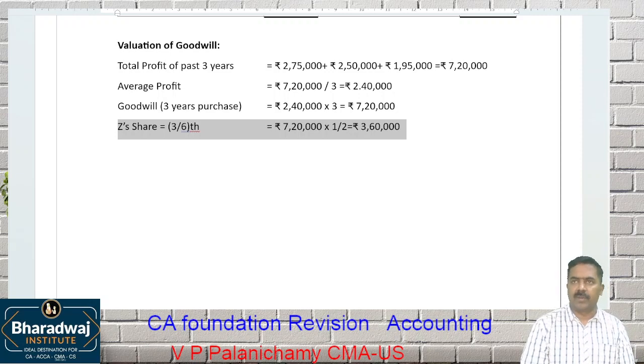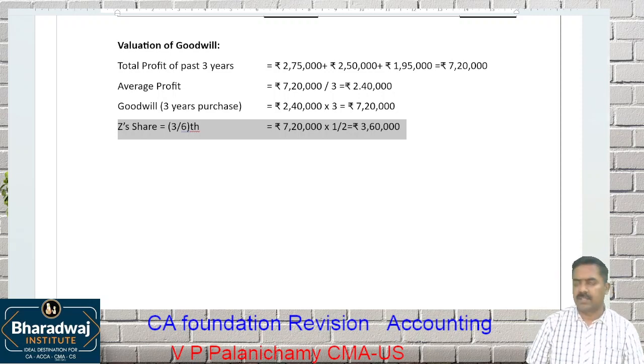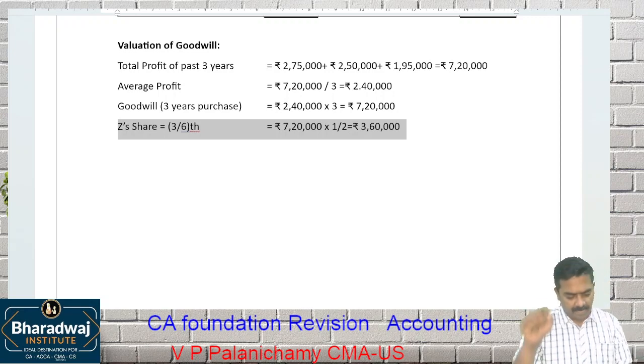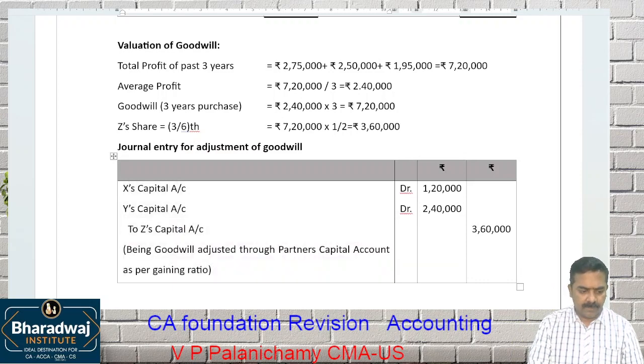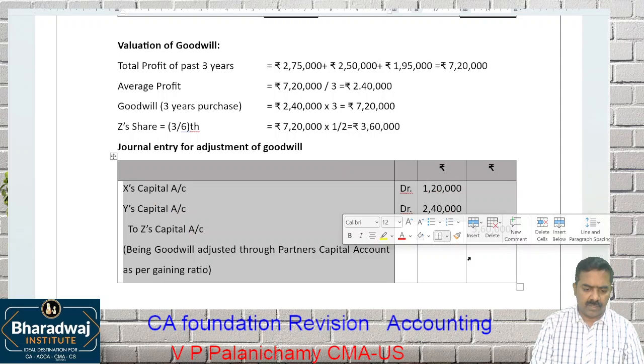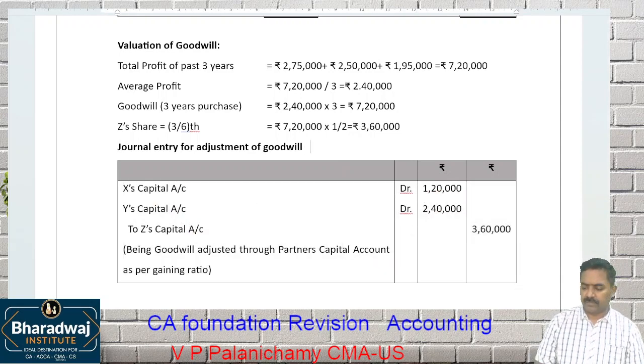Total goodwill 7,20,000. Z retires. So 7,20,000 into 3 by 6, 3,60,000. Adjust in capital account. X's capital account debtor, Y's capital account debtor to Z's capital account in gaining ratio. In which ratio? Gaining ratio.